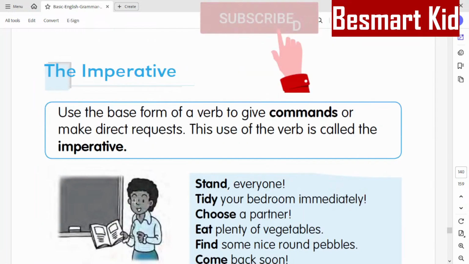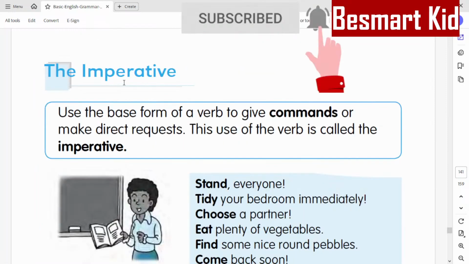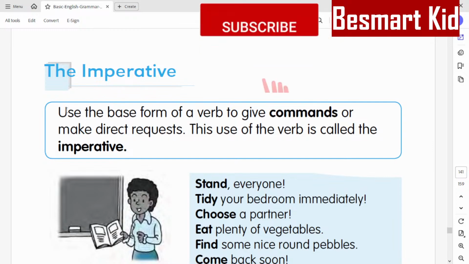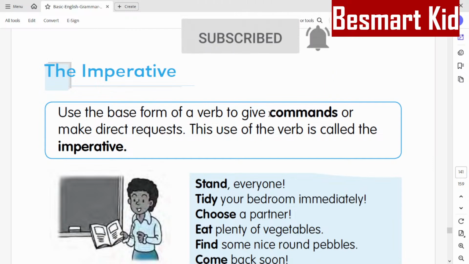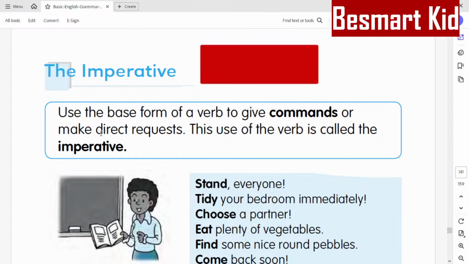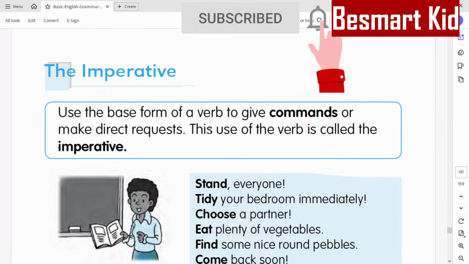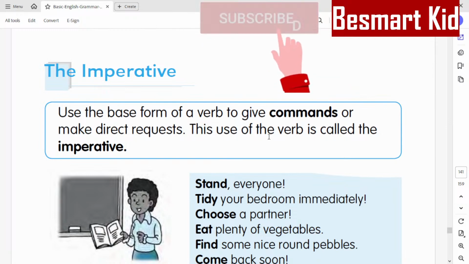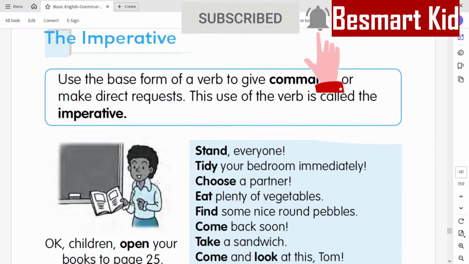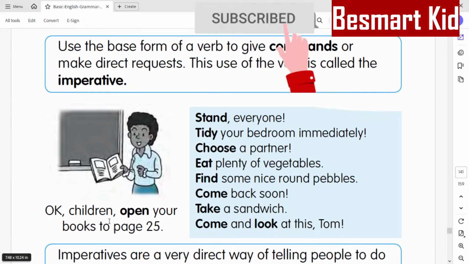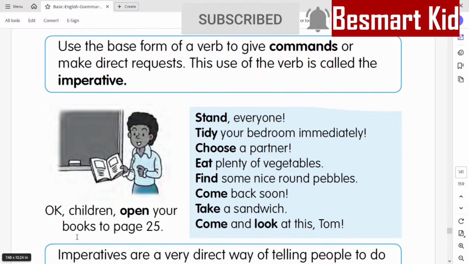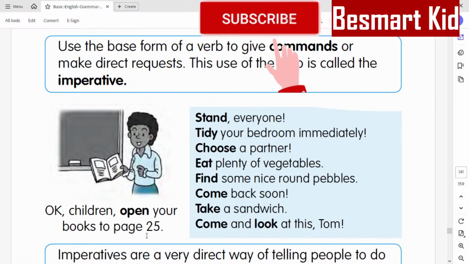Now let's see the imperative. Use the base form of a verb to give commands or make direct requests. This use of the verb is called imperative. Examples: okay, children, open your books to page 25.